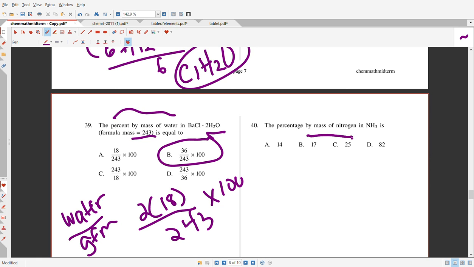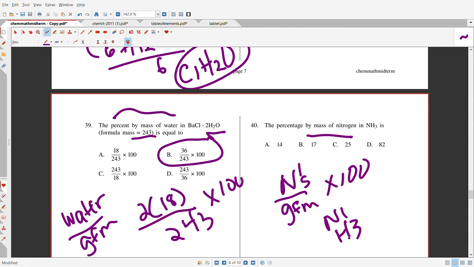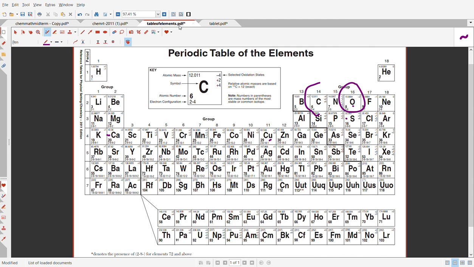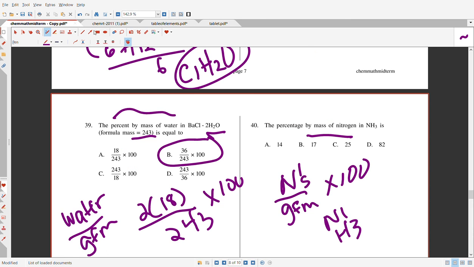How about here? They want the percent mass of nitrogen. So it's part over whole times 100. There's 1 nitrogen and 3 hydrogens. If we go to the periodic table, hydrogen weighs 1 and nitrogen weighs 14. So the total weight is going to be 17.